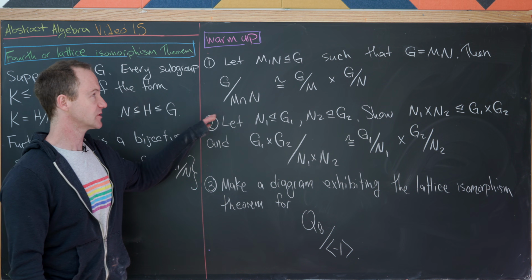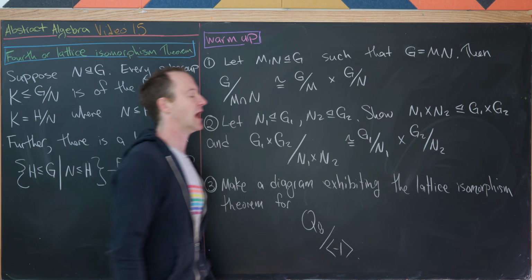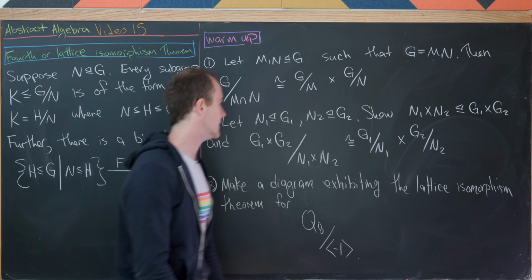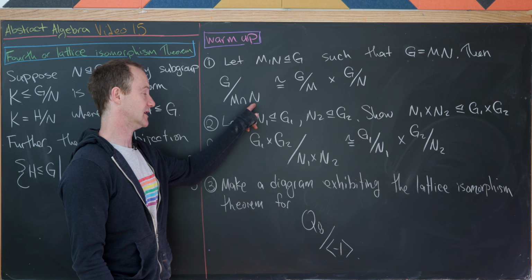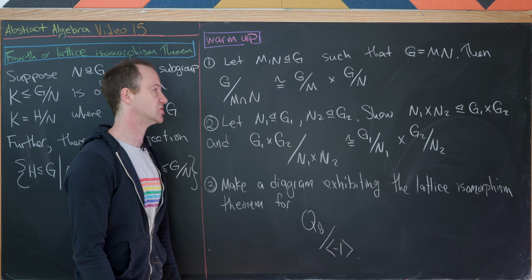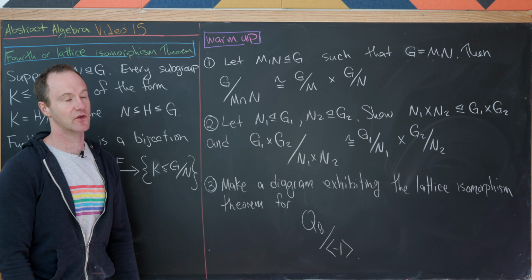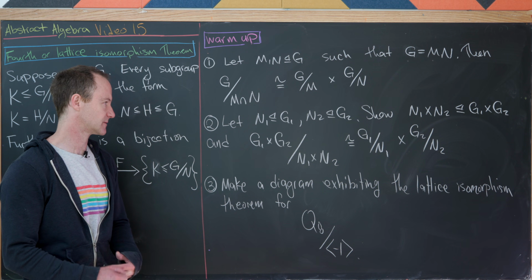Okay, so for the first one, let's take normal subgroups of G, M and N. And these are specially chosen so that G is equal to MN. Then G mod M intersect N is isomorphic to G mod M cross G mod N. So this is some sort of generalization of the result that we had previously about internal direct products.